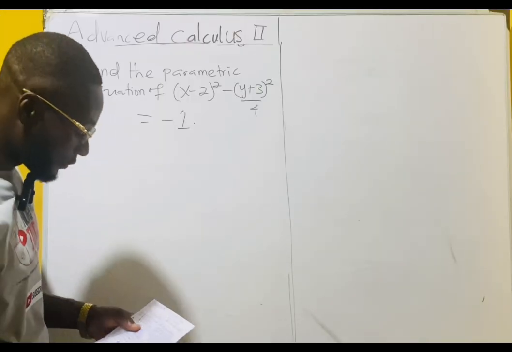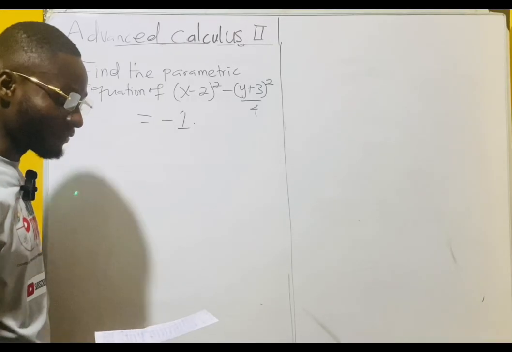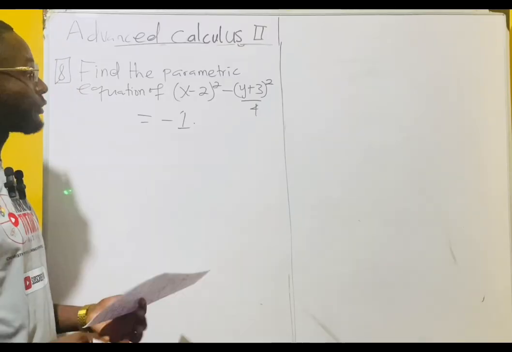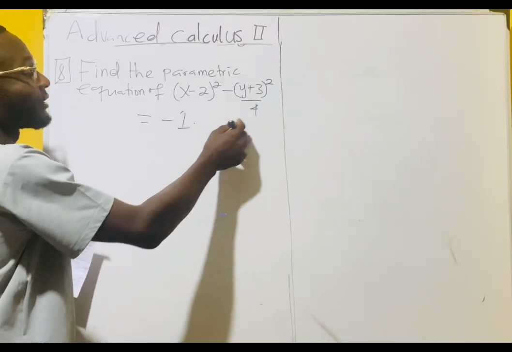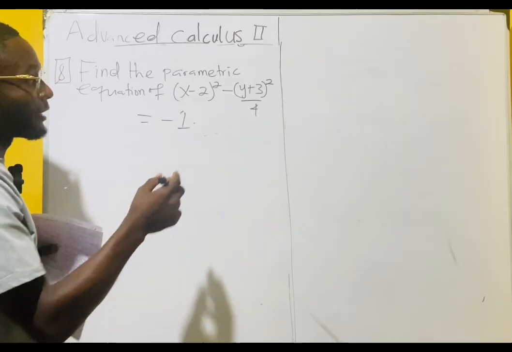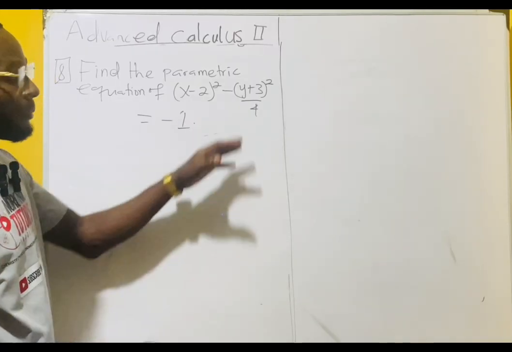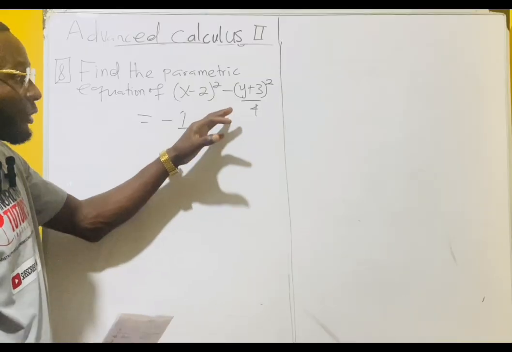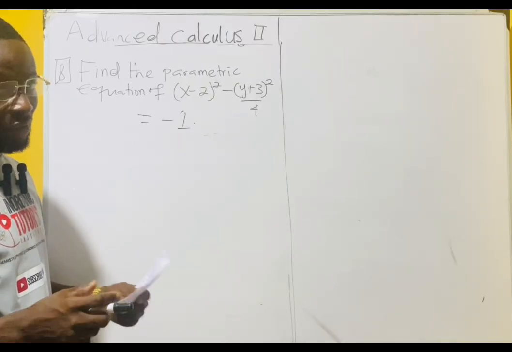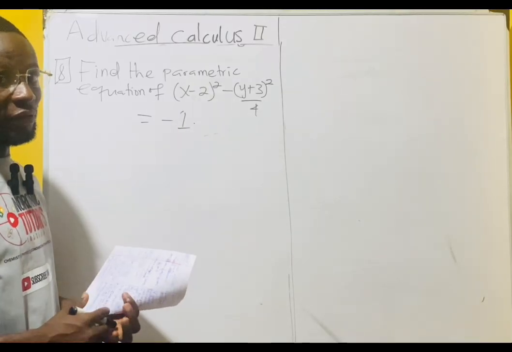So first of all, we have to rewrite it in the standard form of a hyperbola, right? We know that this is a lookalike of a hyperbola representation, but we have to change it to the standard form so that we can use the identities of that.